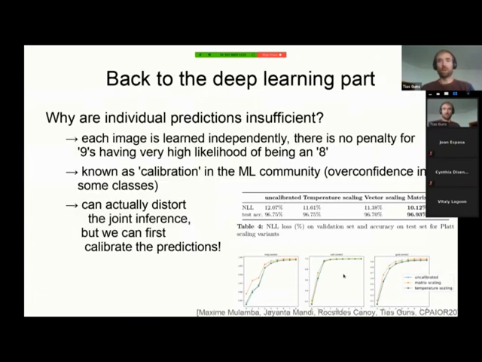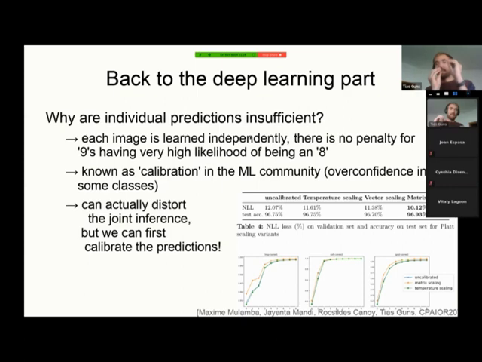Okay, now a bit more about the predictions. What's wrong with these individual predictions, or what can be some of the issues that are happening here? Well, one thing is that each image is learned independently, and that's because an 8 is an 8 and a 9 is a 9.